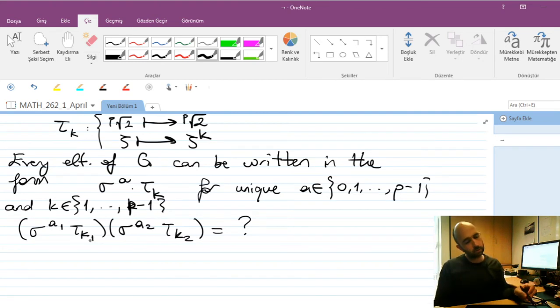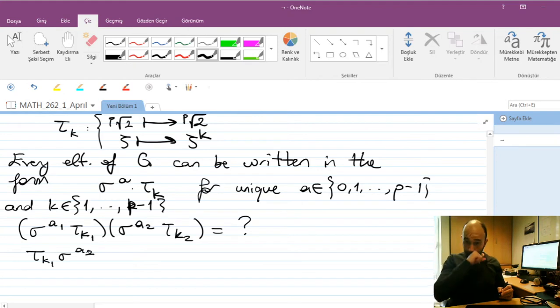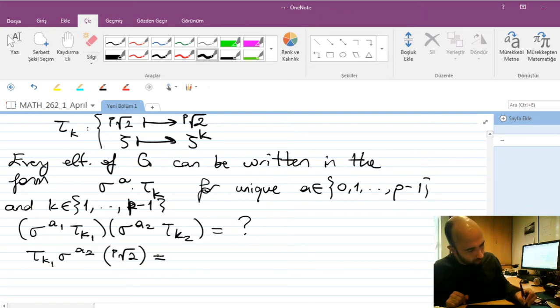So essentially, we have to know how to commute these middle elements, right? So look at this middle part, tau_k1 sigma^a2. In order to understand this element of the group, let's see how it acts on p-th root of 2 and on zeta. So first act on p-th root of 2.